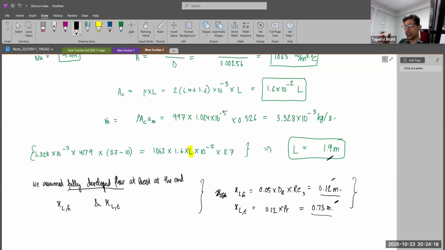It is better to keep it a little longer than 1.9, because the temperature of the human body is not specifically 37, it's 37.6 or so. So we can keep it maybe 2 meters, and then we can be safe. So we are currently underestimating the length required for heating the blood from 10 degrees to 37 degrees, based on the thermal boundary layer development length of 0.73 meters.